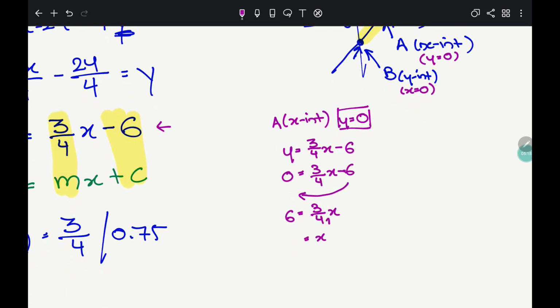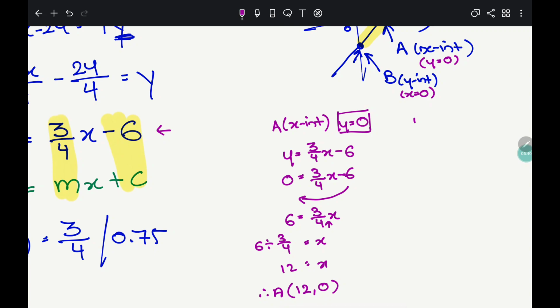The relationship here is times, so bring over, divide. From there, I get the value of x, which is 12. So now I know the coordinate of A is (12, 0).